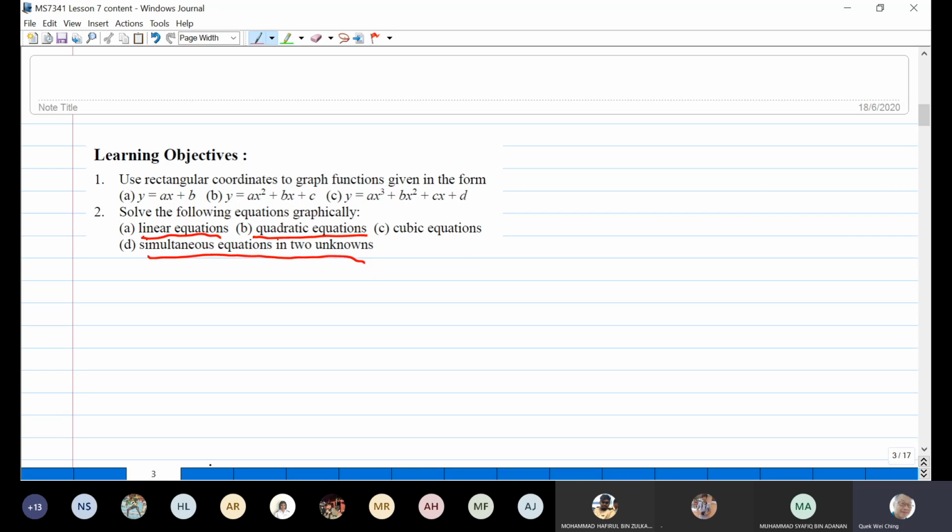The straight line is y equal ax plus b, and this quadratic one. So these are the two things we do. Okay, the rest we can ignore. Because of time, I don't want to go through this in detail.